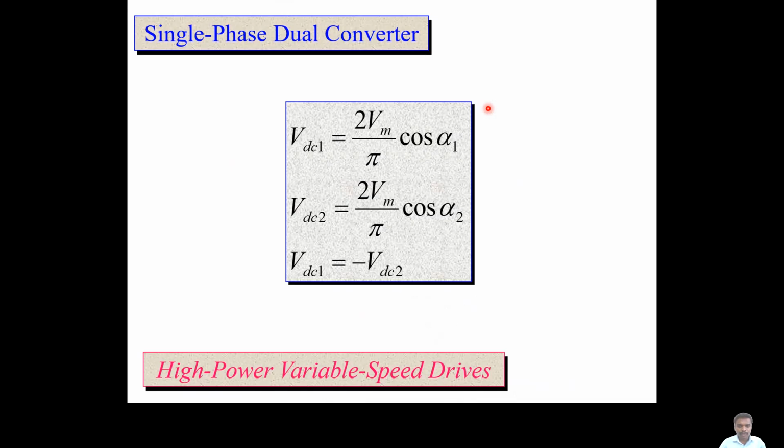This is the output voltage equation, V01 for converter 1 and V02 for converter 2. They will be in opposite directions because we get an inverted output in the second converter, which we call the inverter. So that's all about the operation of a dual converter. The average output voltage equation for the first converter and second converter is displayed here. You can see the main application of this dual converter is variable speed drives.